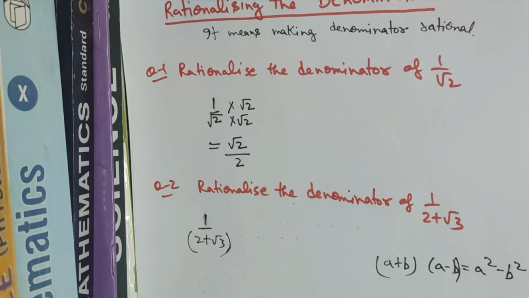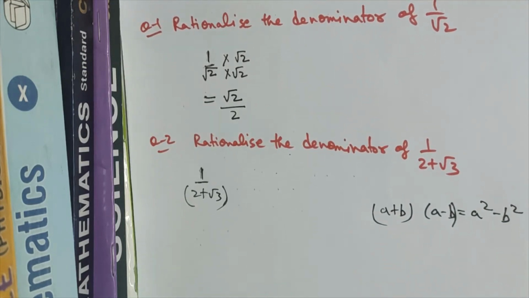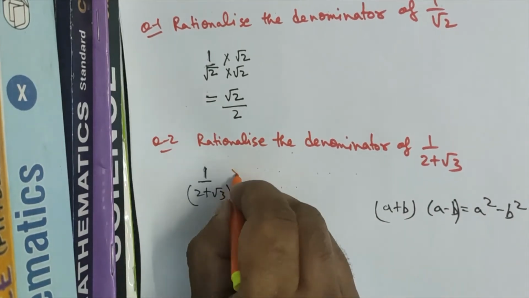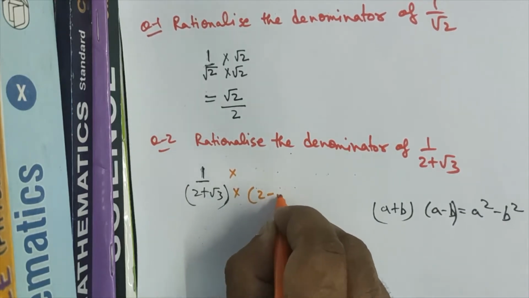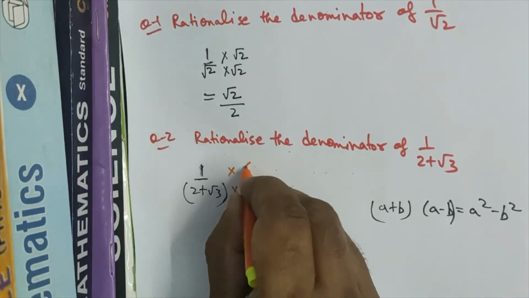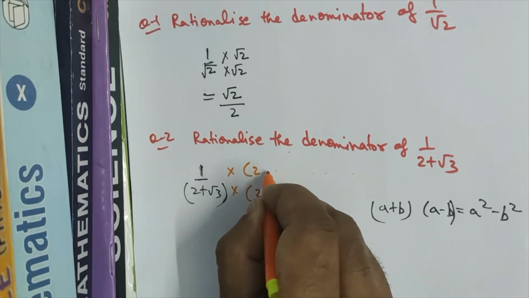So this identity we will be using to rationalize this fraction. We will be multiplying by 2 minus root 3 in the denominator and the numerator.